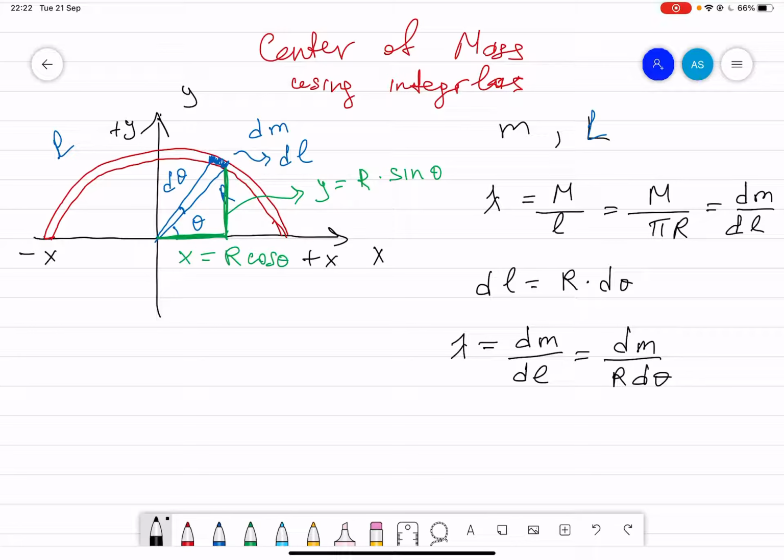Then what else? Do we have lambda? It seems we don't have a lambda, correct?